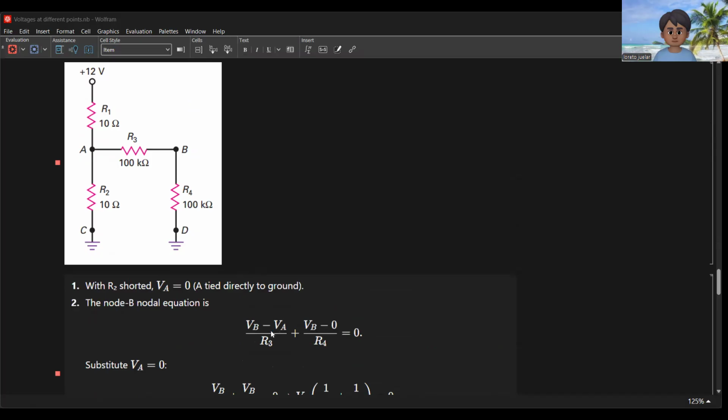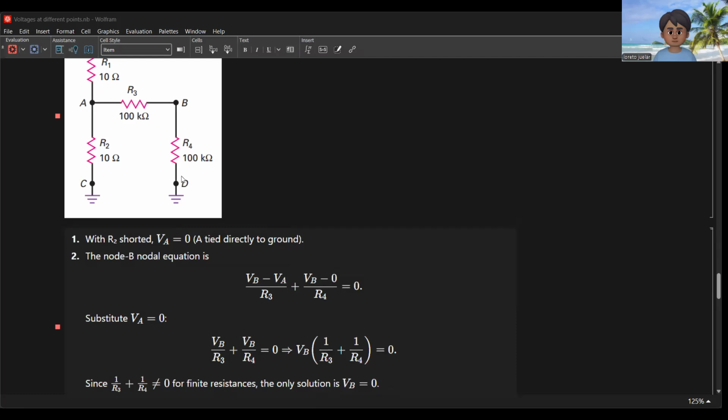So the voltage at point B minus the voltage at point A over R3 plus the voltage at point B divided by R4 is equal to 0. Now, if we multiply this by negative, so this is negative. So this is the current entering point B, and this is the current leaving point B.